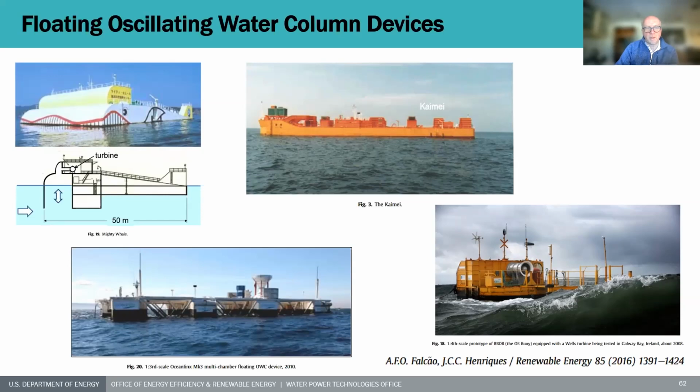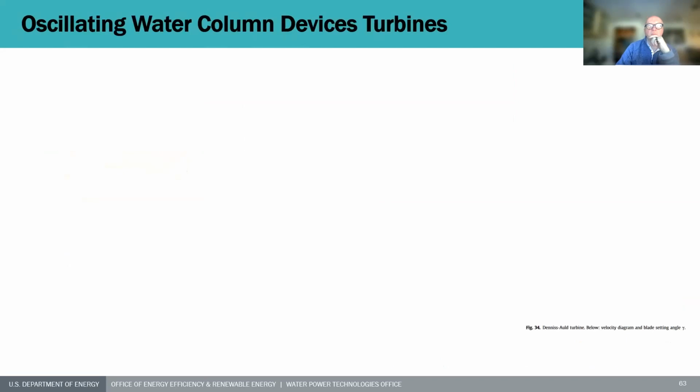The interesting thing about floating oscillating water columns is that the internal water column moves. That's critical to push the air, but the body itself moves as well in multiple degrees of freedom. So it's important to put these dynamics nicely together to get the maximum internal displacement.